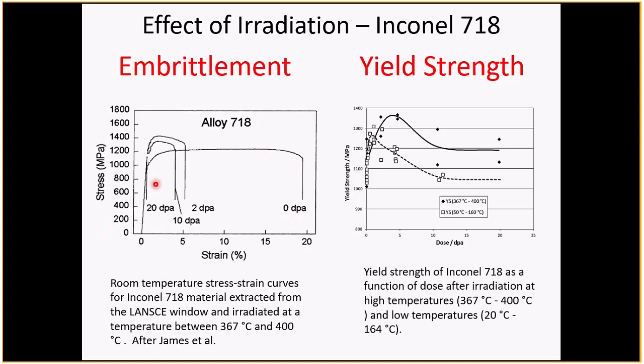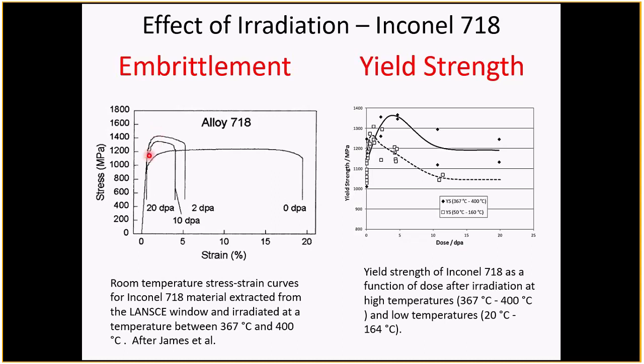So, in DPA: Inconel 718, unirradiated, high yield point, very ductile, not bad. Low dose, that's DPA now in this accelerator configuration, 10 DPA, 20 DPA. That's basically failing in the elastic region. So basically really brittle. And also we're dropping down here.